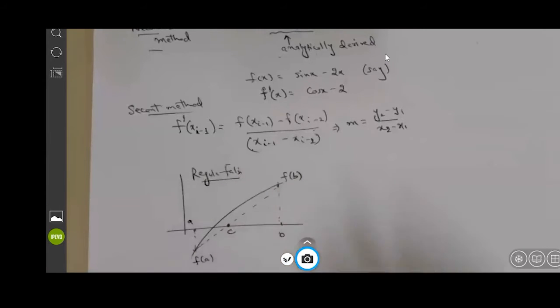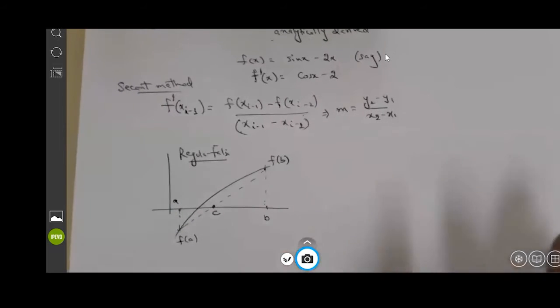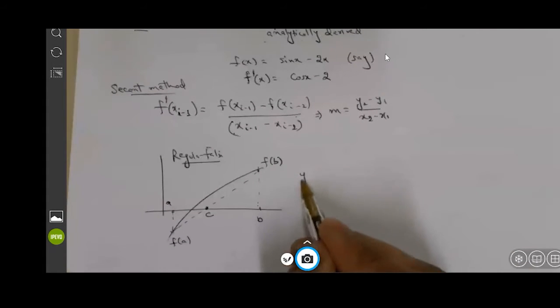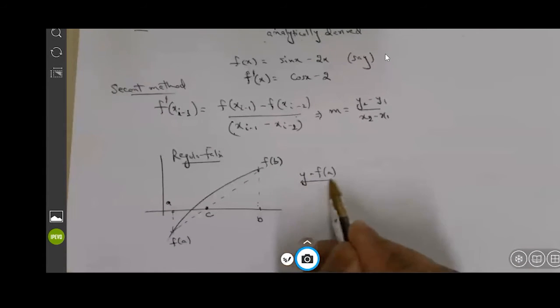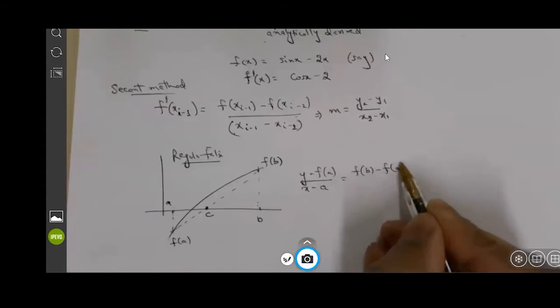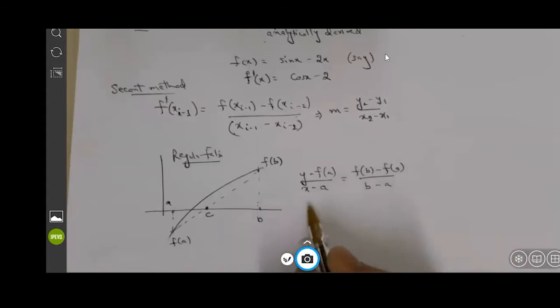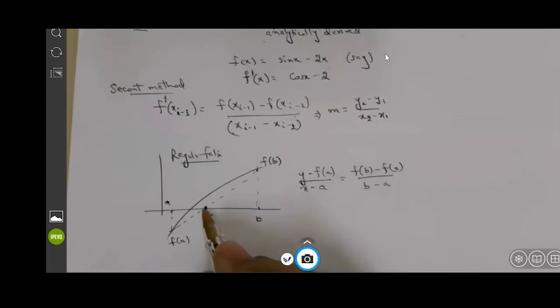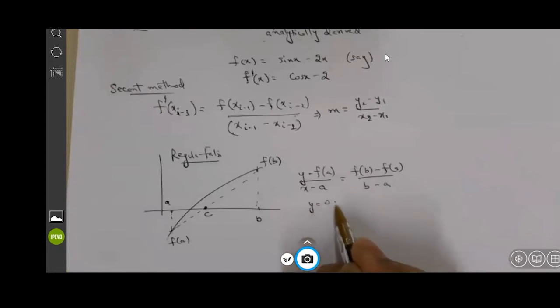To find the point C, we were using the equation of a straight line, which is y minus f(a) equals (x minus a) times (f(b) minus f(a)) divided by (b minus a). And we need to find the point C where y is 0. So y is 0 and x is C.